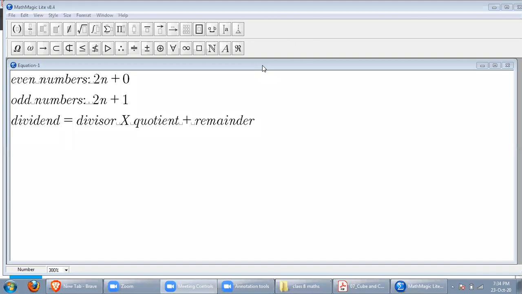Zero, 1, 2. Yes, Albert, 0, 1, and 2. Yes, correct. When we divide a number by 3, the possible remainders are 0, 1, and 2.